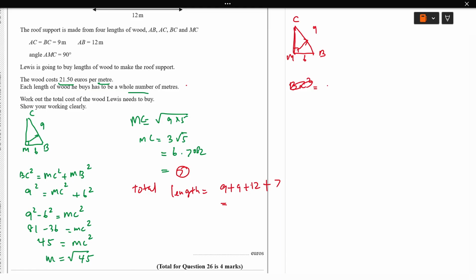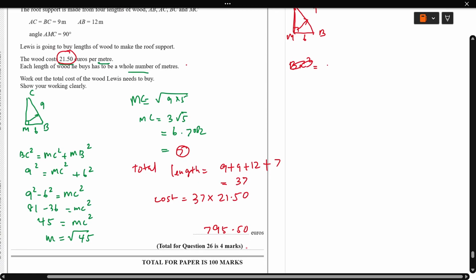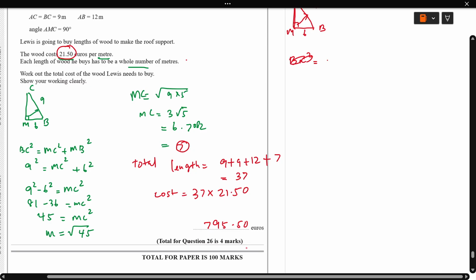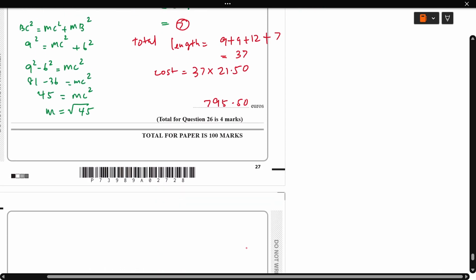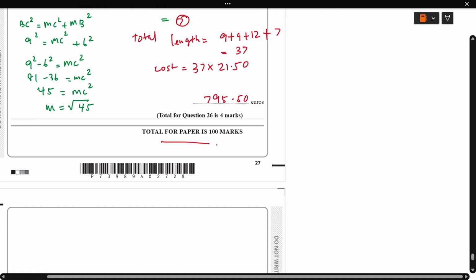The answer is 37. Total 37 meters required. Now 1 meter is 21.50, so to work out the total cost, 37 times 21.50 is going to be 795.50. Totally you need to spend 795.50. Yeah, finished. We finished the paper. It's a total of 100 marks.